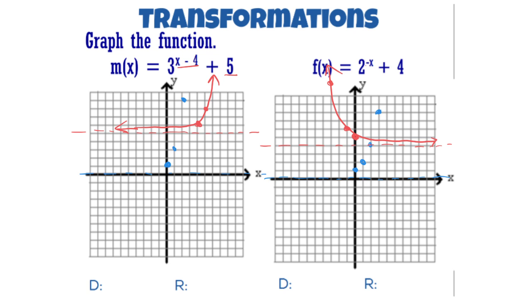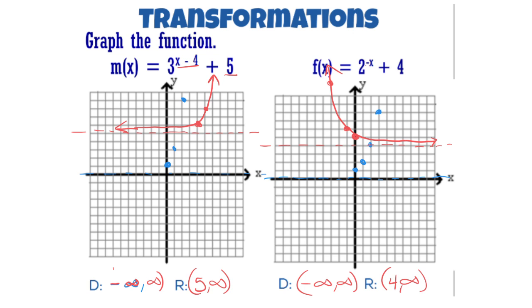Let's go ahead and do domain and range. All right, it goes forever left. I'm looking at the red. Maybe I should write in red so you remember that. Forever left, it goes forever right. The limitation on the range is coming from the asymptote. The lowest it gets is 5. Highest it gets, infinity. Next one. Again, goes forever left, goes forever right. The range, the lowest it gets is 4 to infinity.